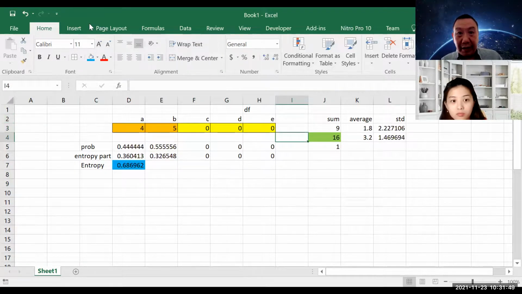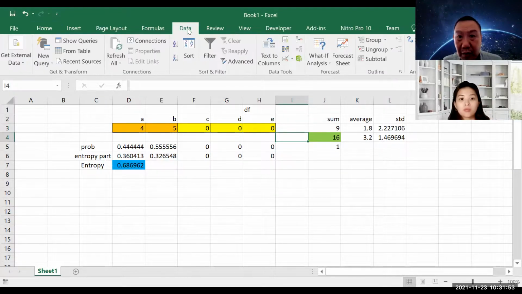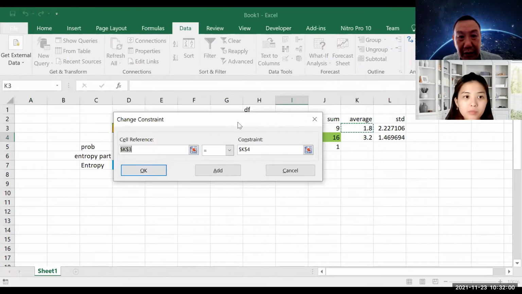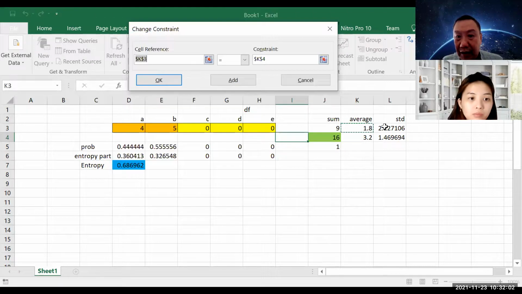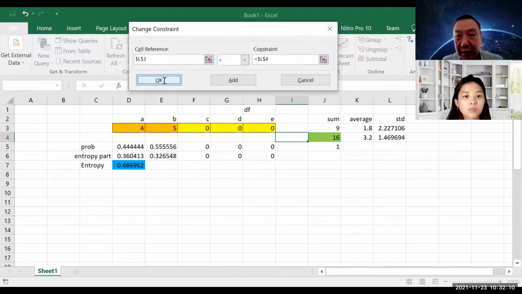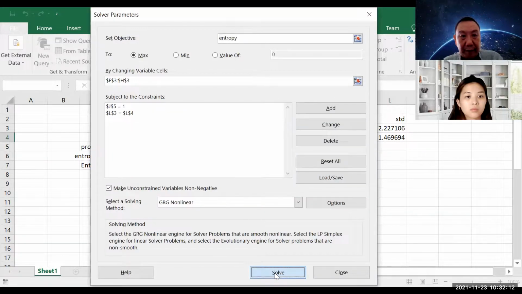Again, the same. So we want to use the solver, by changing it so that the standard deviation is equal to that value. Then you solve it.